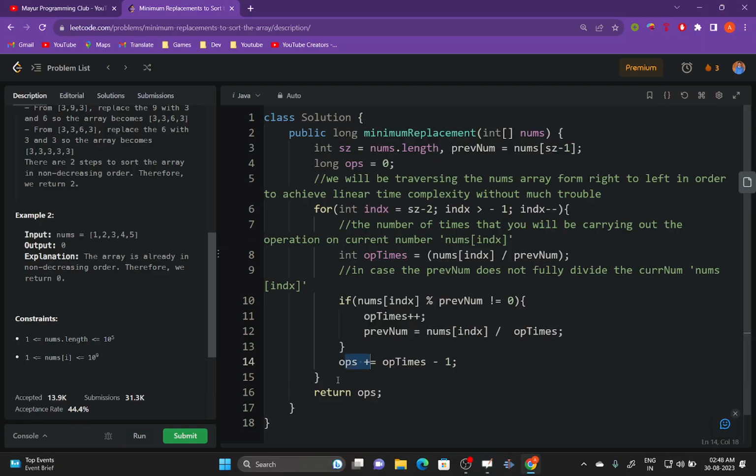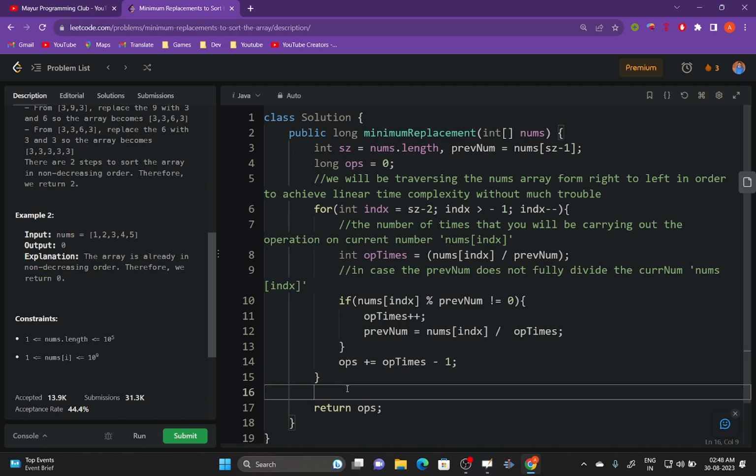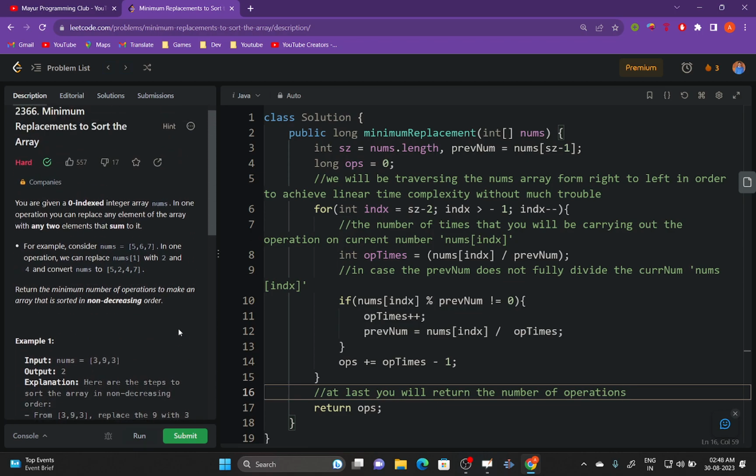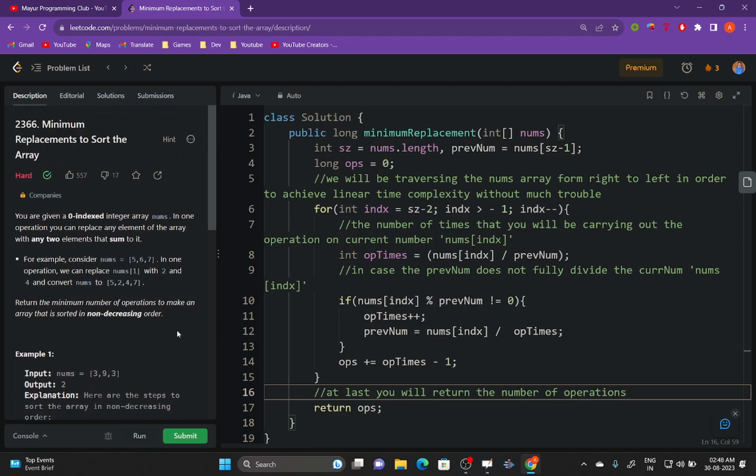So that's the case, and at last you will be returning the number of operations. This is the approach to solve the problem, and it was not a very hard problem if you get the mathematics behind it.